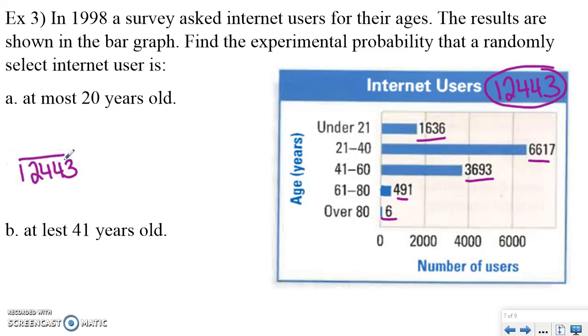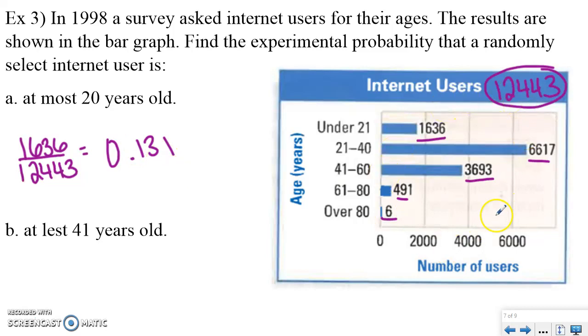12,443. And then at most 20 means that they're under 21. We need 1,636. And I'm going to divide this because it's not a nice fraction to reduce. And I get 0.131 for the probability.